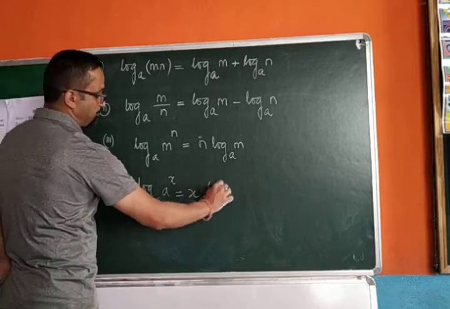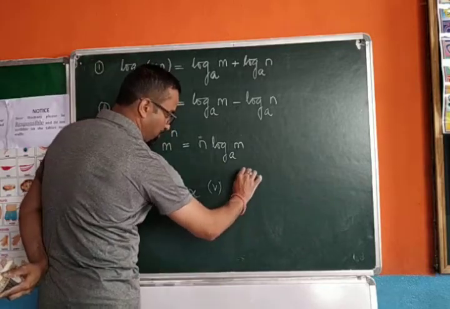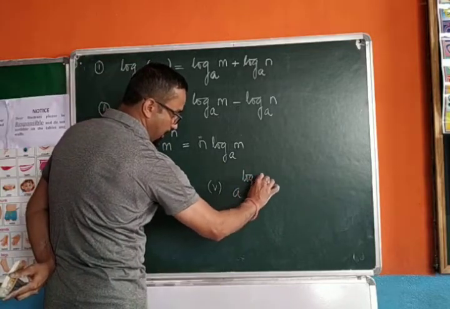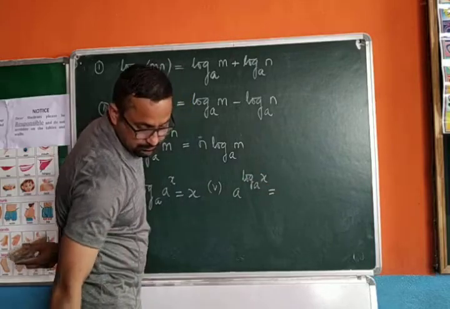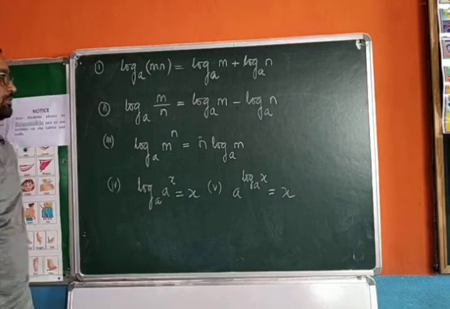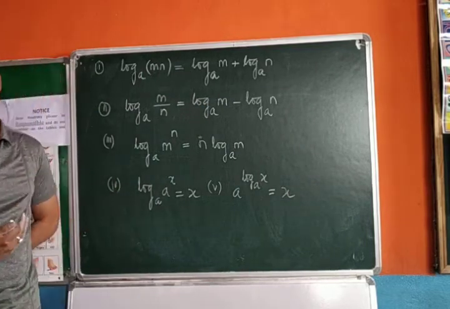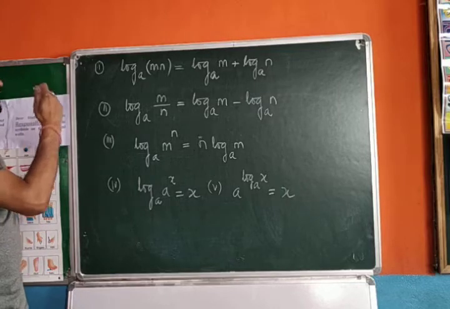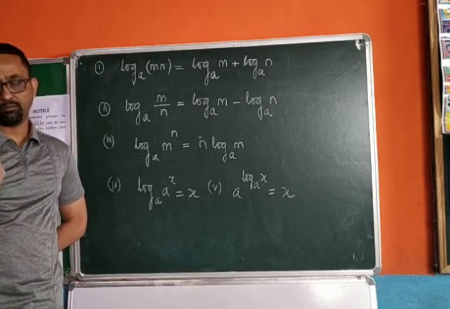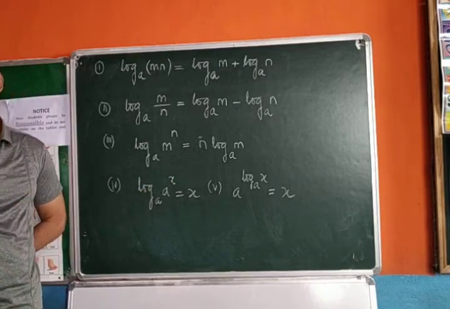Number 5: a to the power of log base a x can be written as x. Look at these two. These two are applicable in several sums. If there are some more rules, I'll be deducing those rules to simplify the sums.